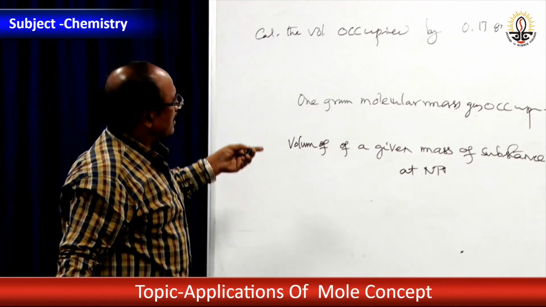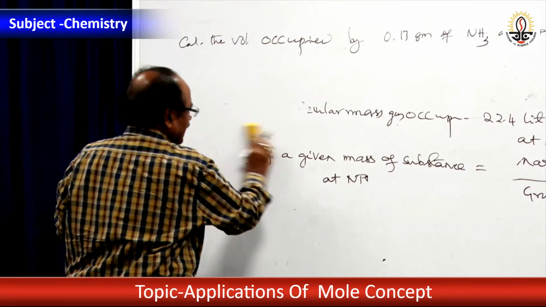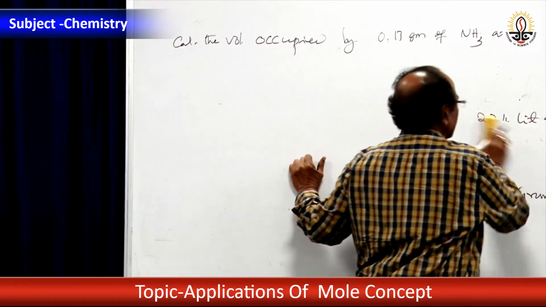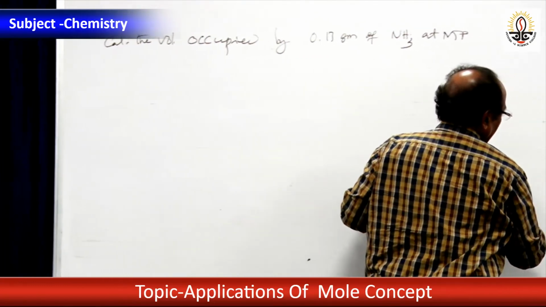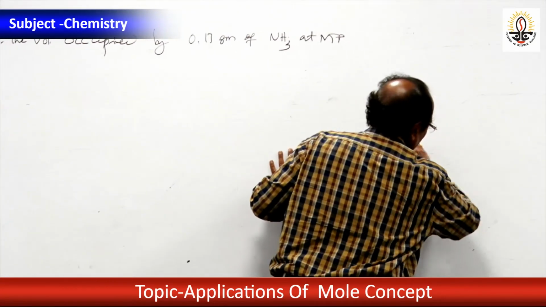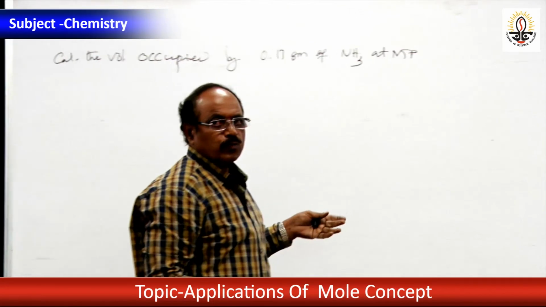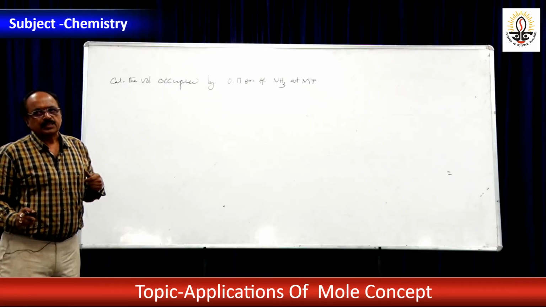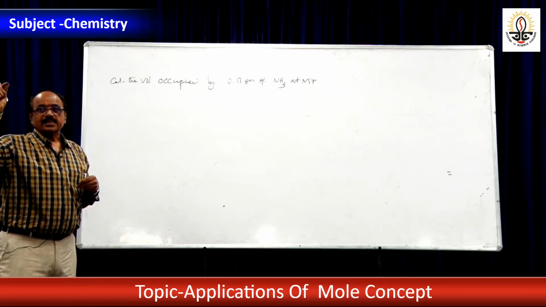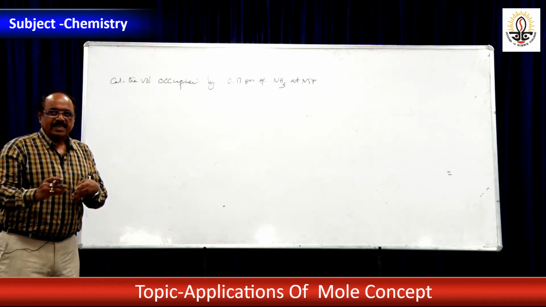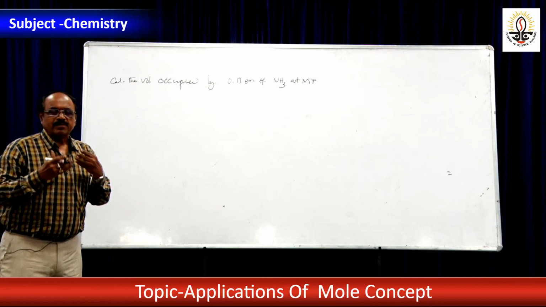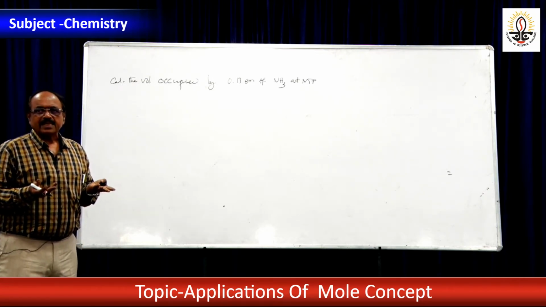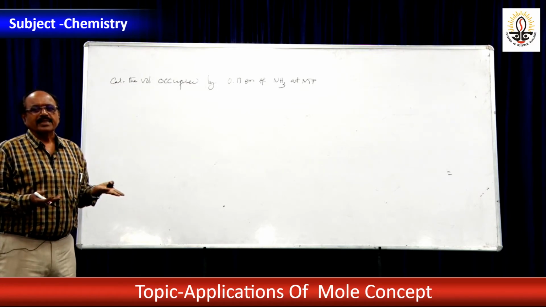In an entrance exam they will not ask like this. They will say the volume occupied by 0.17 gram of ammonia is 22.4 liters, 2.24 liters, 0.224 liters, or none of these. You have to tick which is correct. You calculate it and do it. But if you are very good in arithmetic, you will calculate the number of moles present, then multiply by 22.4 and get the answer.